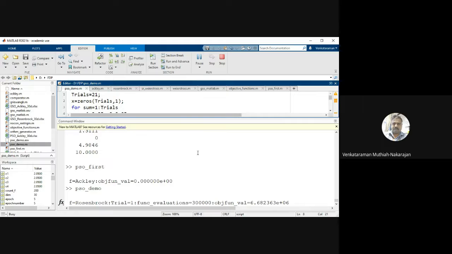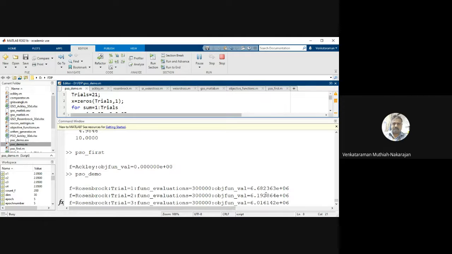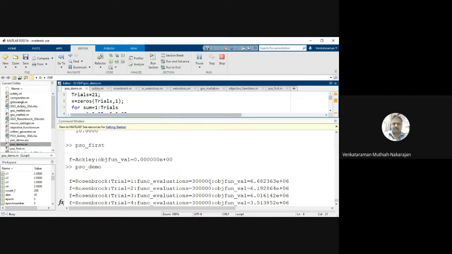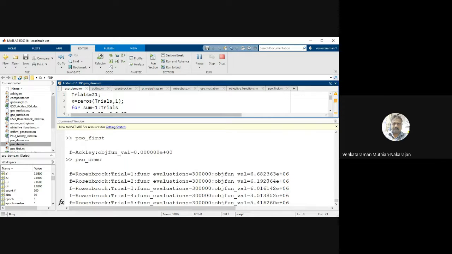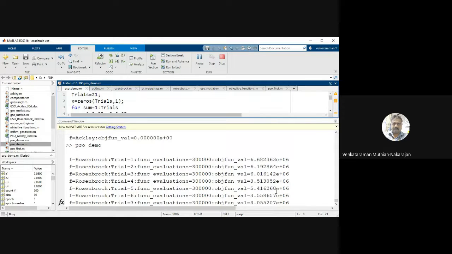Okay, so we are running for Rosenbrock, and you can see that the best the PSO that we wrote can do for 300,000 functional evaluations is only this much. This is the best minima that it can give, but it's not so great, but this is the best it can achieve. So I have asked the program to run for 21 trials.